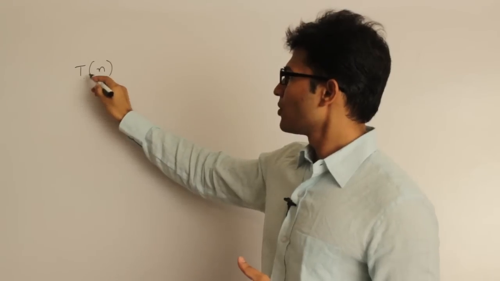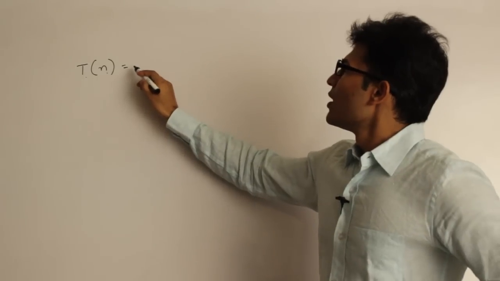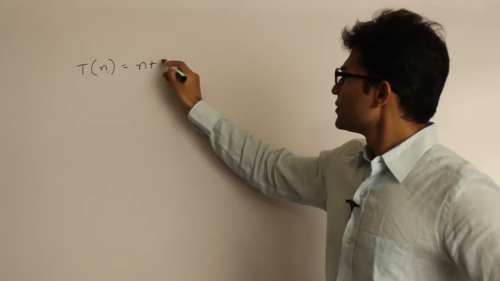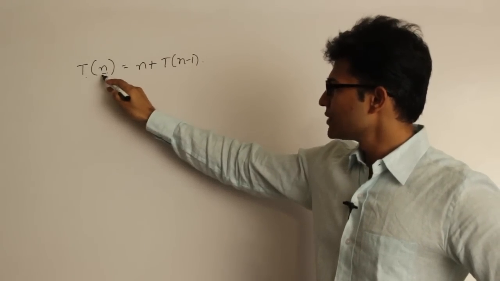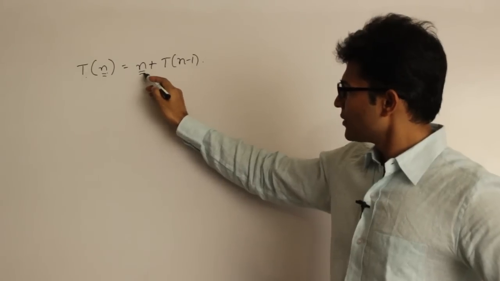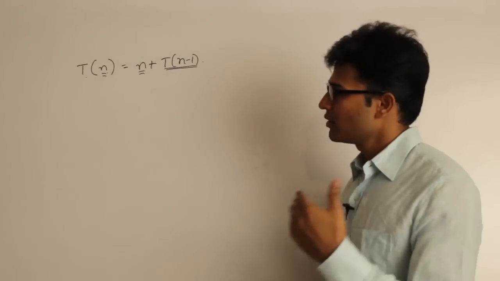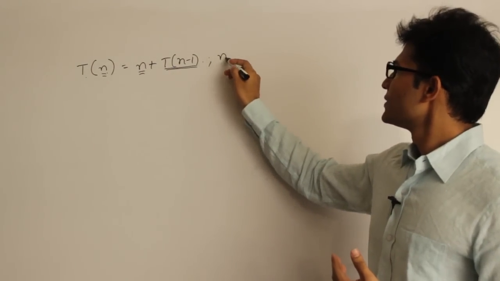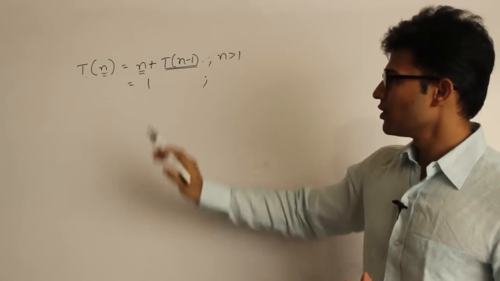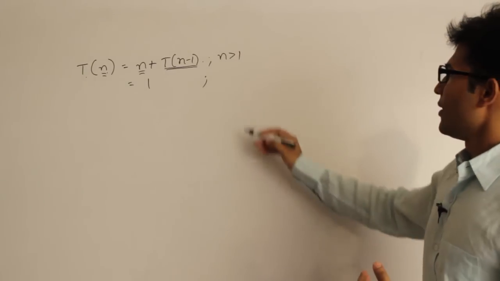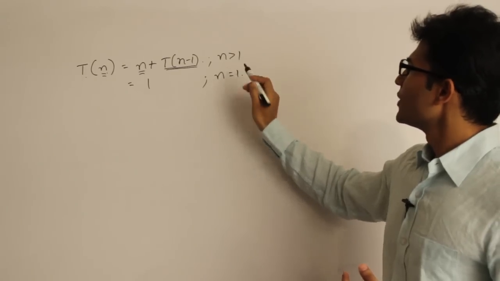The time taken to solve a problem of n instances is n plus t of n minus 1, which means the time taken to solve a problem on n instances is n time taken plus the time taken to solve the remaining n minus 1 elements. The algorithm is run on n minus 1 elements. This is when n is greater than 1, and it equals 1 or some constant c when n is equal to 1.